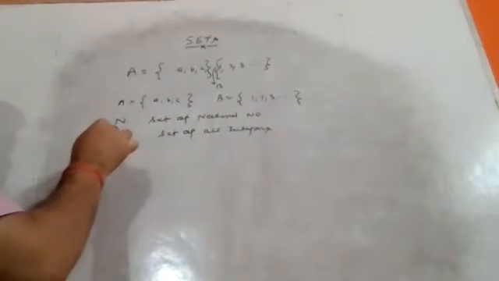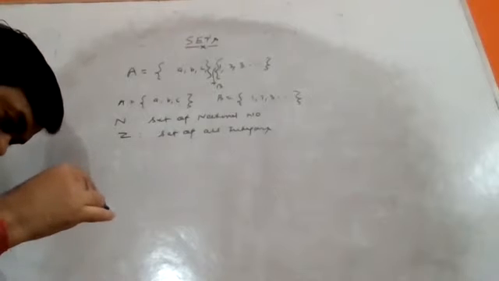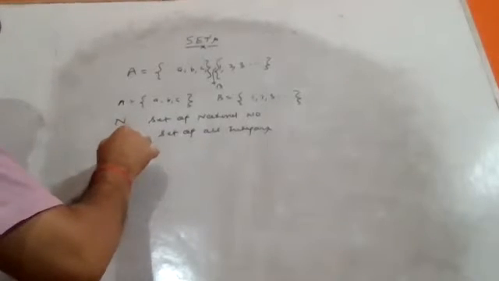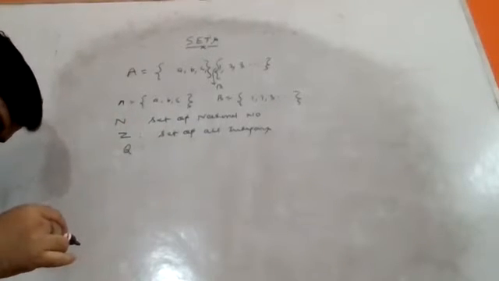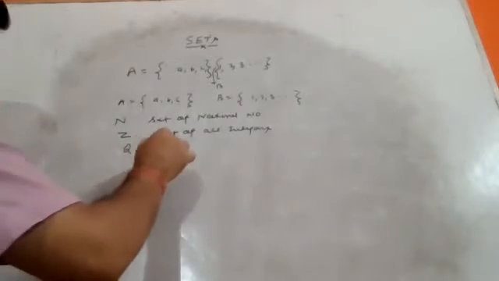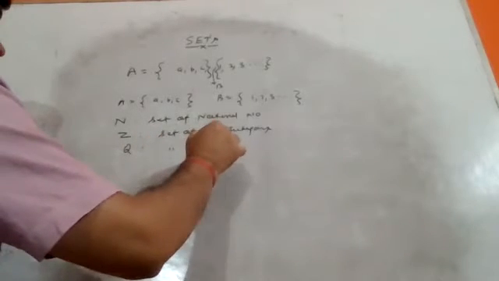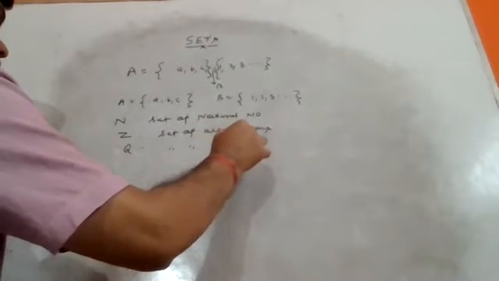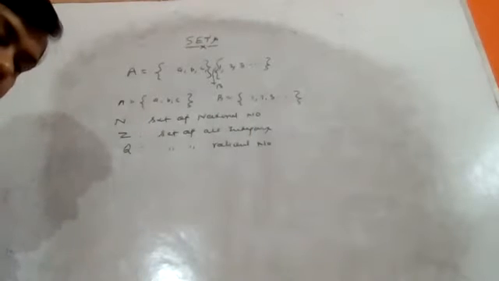Another is Q, and here Q represents the set of rational numbers, that is, numbers which we can define in p upon q form where q is not equal to 0.